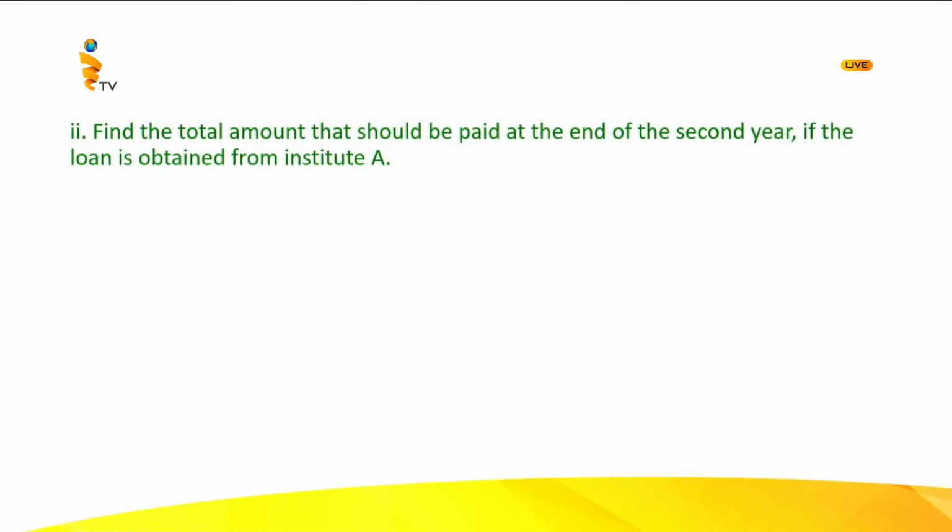The second part is, find the total amount that should be paid at the end of the second year if the loan is obtained from Institute A. Earlier we found the interest for 1 year is 40,000 rupees, and since it is given under simple interest rate, the interest for 2 years will be 80,000 rupees.